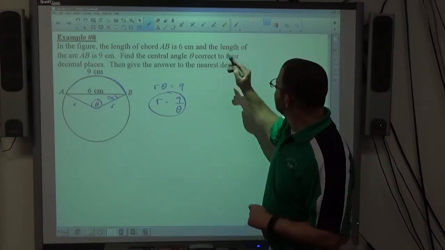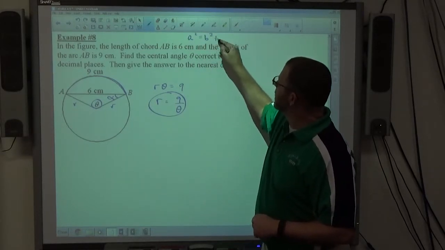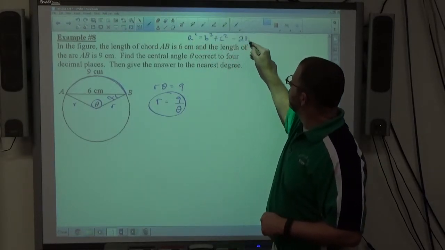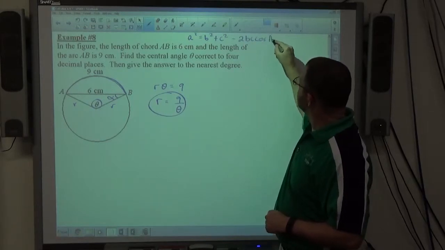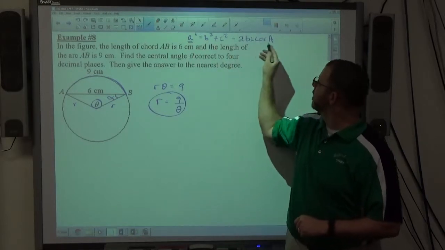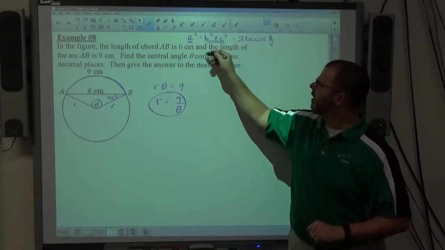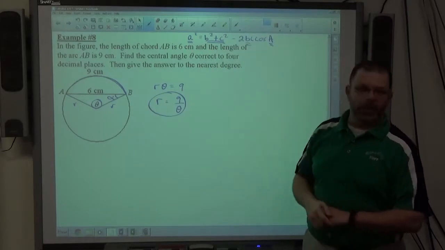Law of cosines, just to recall, is A squared equals B squared plus C squared minus 2BC cosine of A. Whatever side this is, this angle should be opposite that side. Whichever two sides are not this side go right there and there.